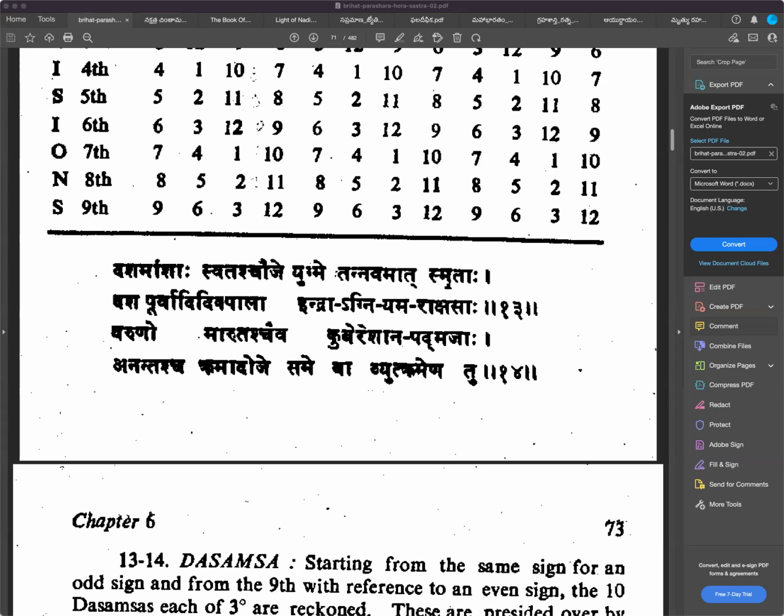In any chart, the Lagna Lord is important. How the Lagna Lord is sitting in a chart, how strong he is, how he is sitting with friends, good friends or bad friends. Because Lagna includes all 12 houses' characteristics. So Lagna Lord is the most important.